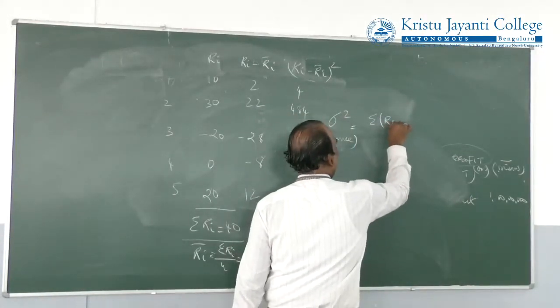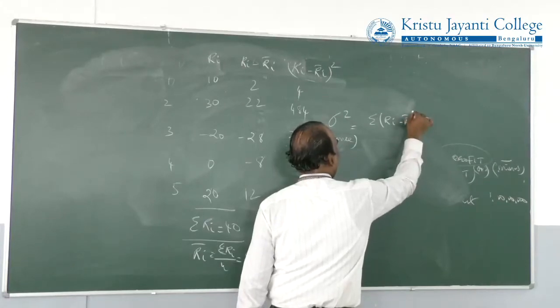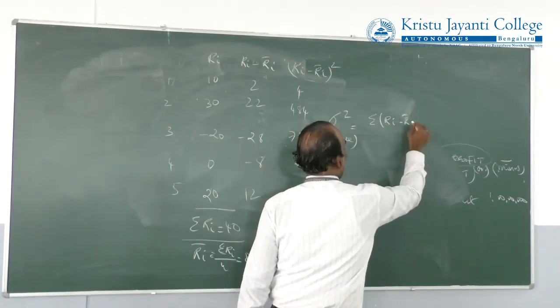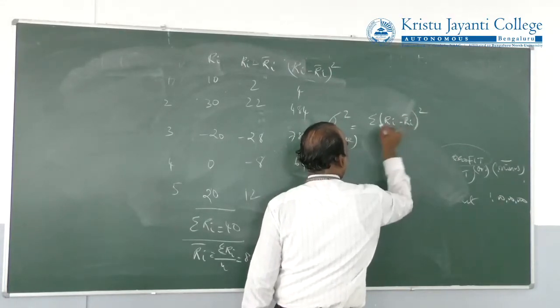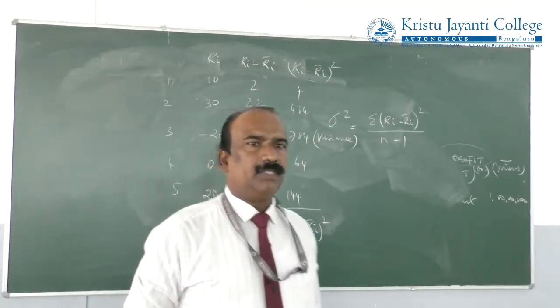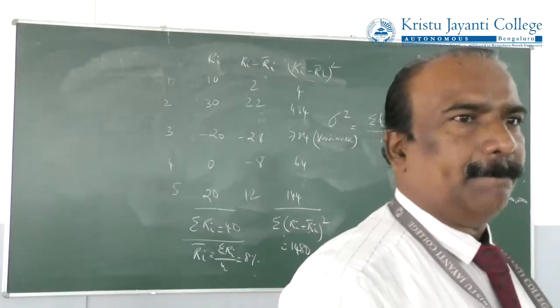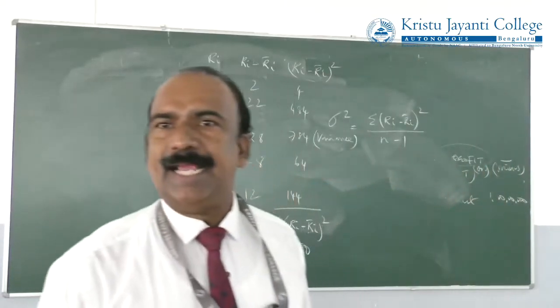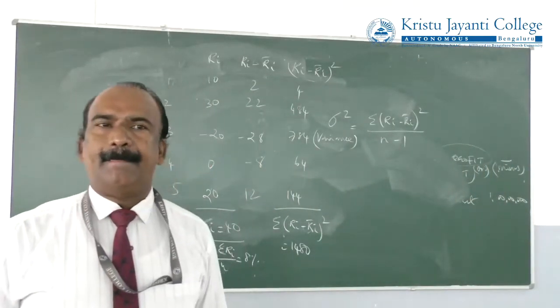Sigma (Ri minus R bar) whole square, divide by n minus 1. That's the equation. N minus 1. Okay?